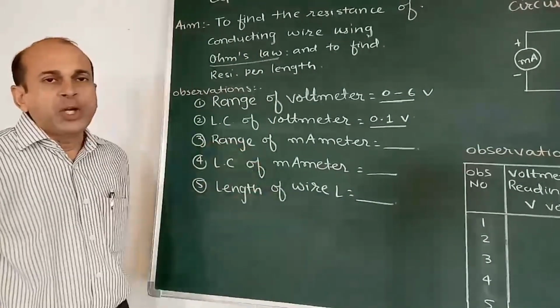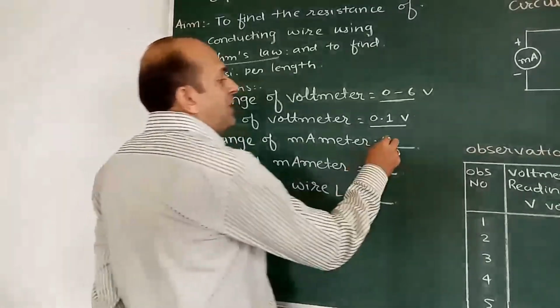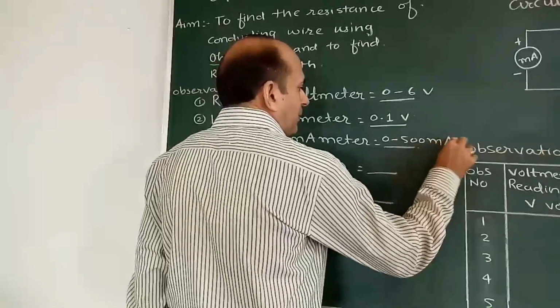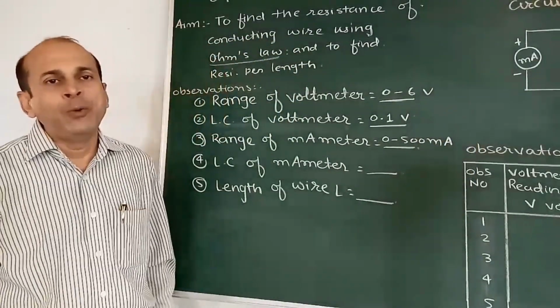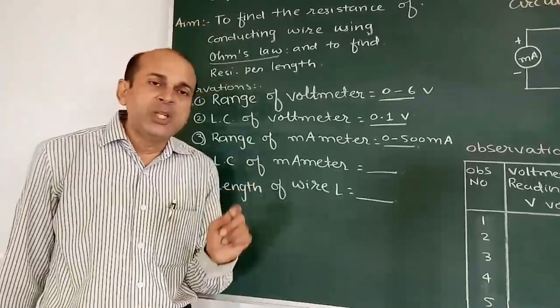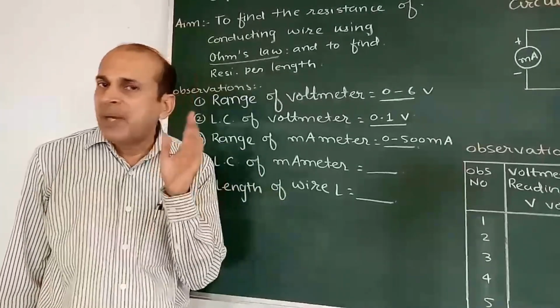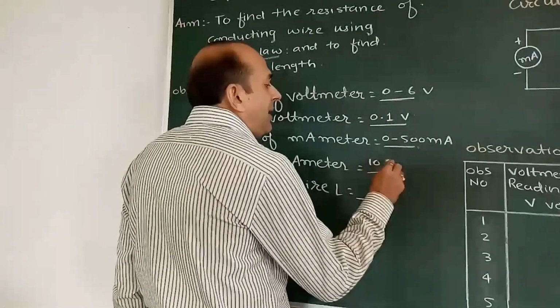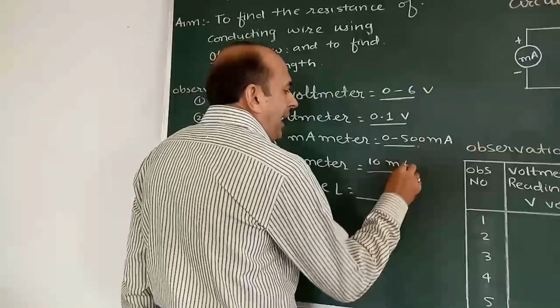The range of the current meter is 0 to 500 mA. And the least count of the meter, that means 0 to 100 mA was divided by 10 divisions. So 100 by 10, one division is 10 mA.